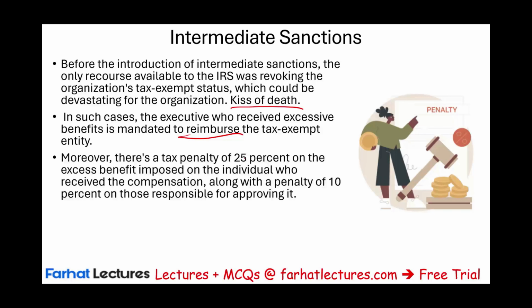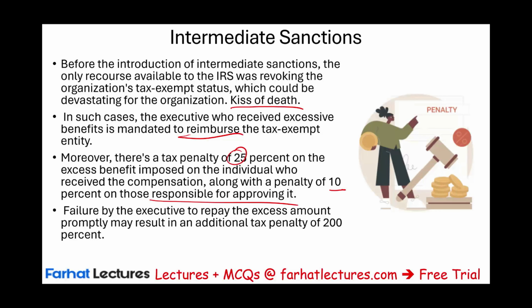Also, there's a penalty of 25% on the excess benefit imposed on the individual who received the compensation. You have to pay a 25% penalty, and a 10% penalty on the people in the company responsible for approving it. If someone above you approved it, then they get a 10% penalty. So failure by the executive to repay the excess amount on time may result in an additional tax penalty of 200%.